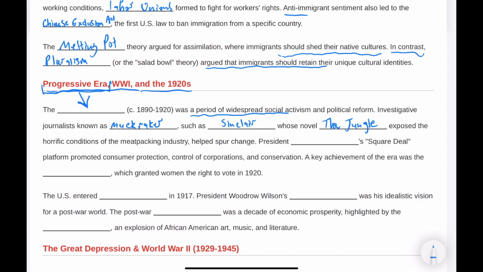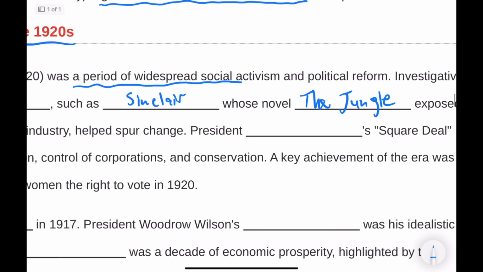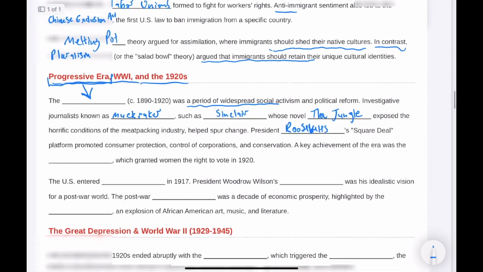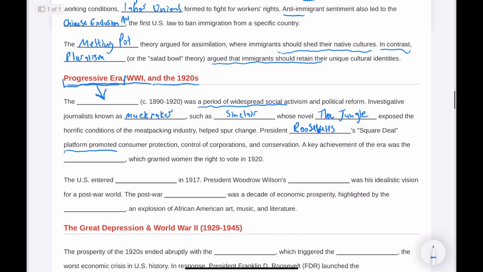During this time, President Roosevelt's Square Deal platform promoted consumer protection, control of corporations, and conservation.